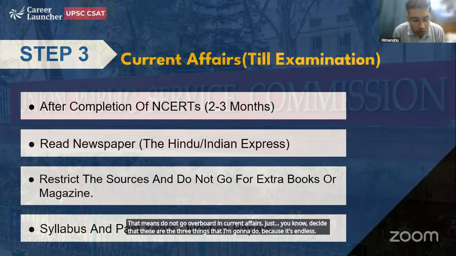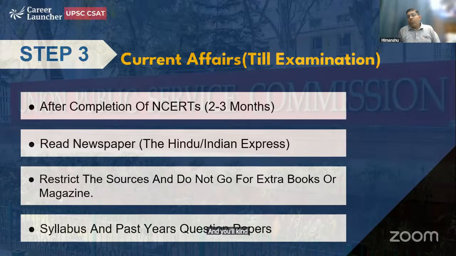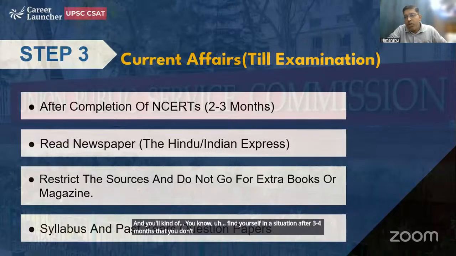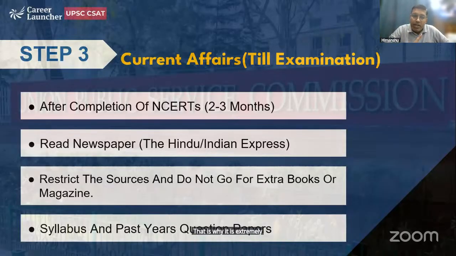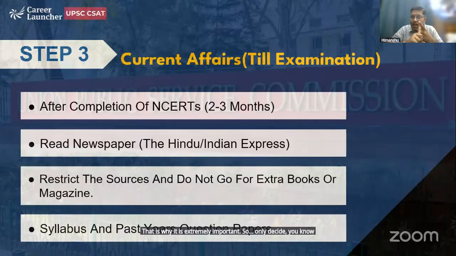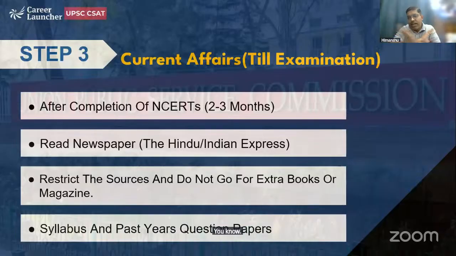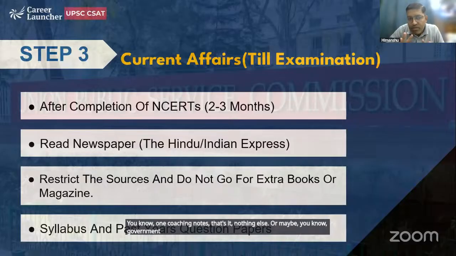Otherwise you'll find yourself in a situation after 3-4 months where you're not able to understand what you have covered and what is left. That is why it is extremely important. So only decide on 1 or 2 magazines, 1 newspaper, and maybe 1 coaching notes. That's it. Nothing else. Or maybe government websites, PIB and all.